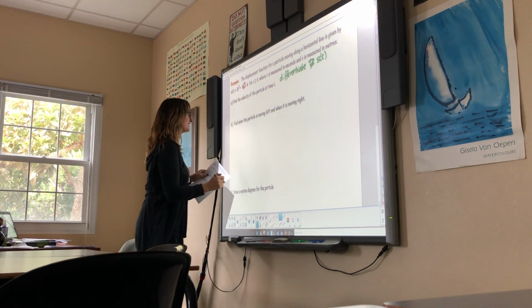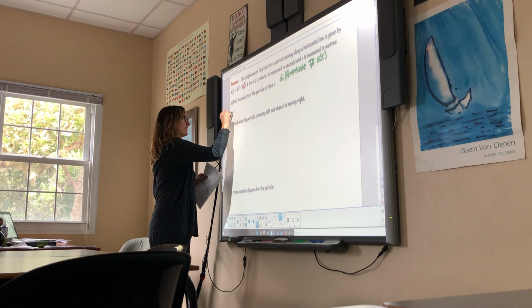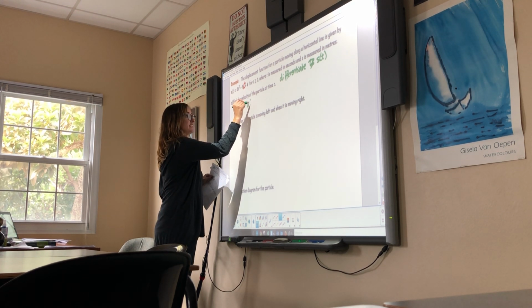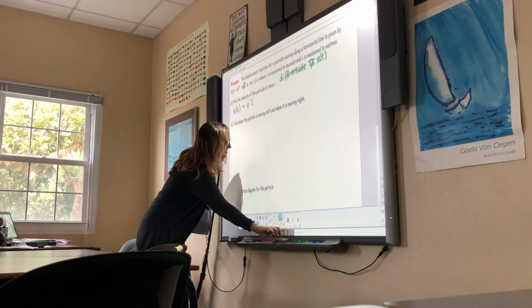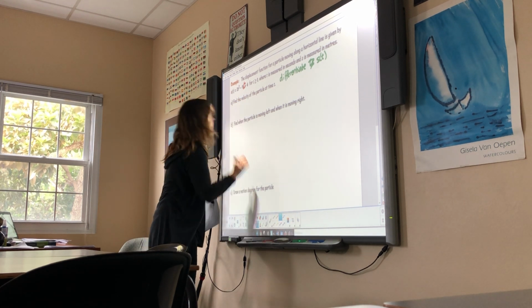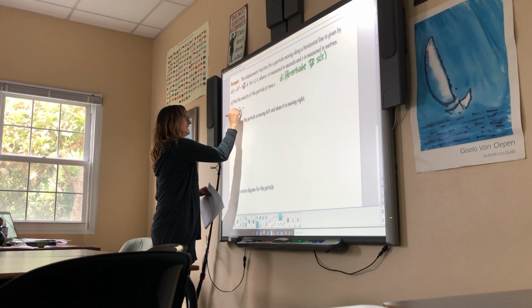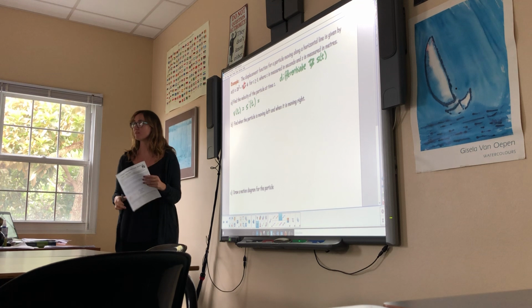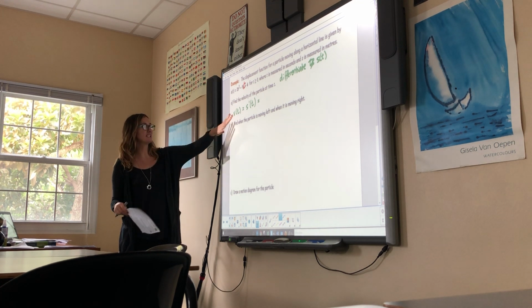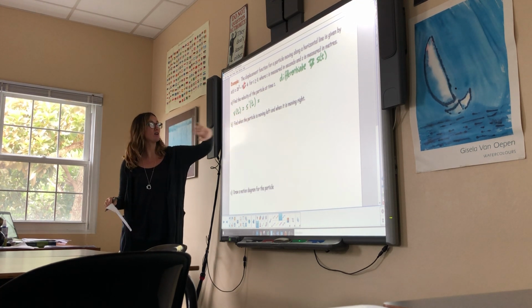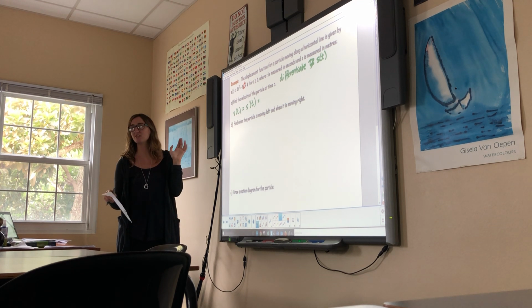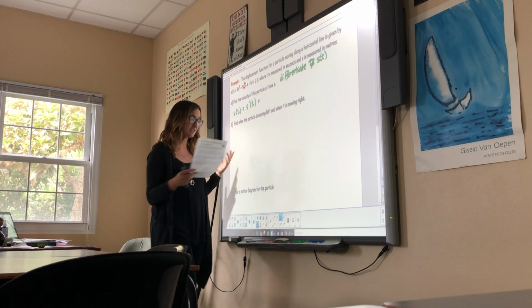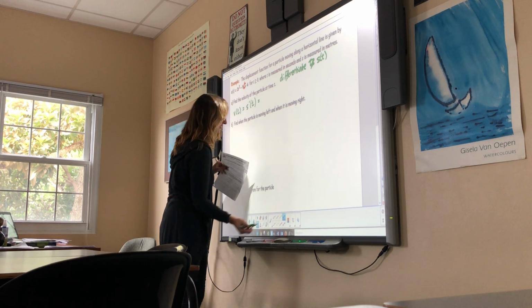V of t is equal to S dash t. Velocity is the rate of change of displacement. Remember, the derivative means the rate of change, so if you see the words rate of change, it means the derivative.